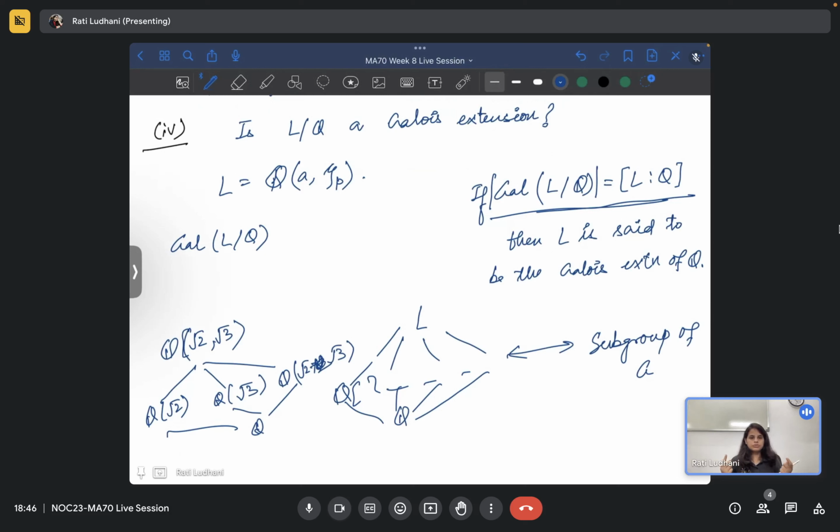From the fundamental theorem of Galois theory, you know that if L is a Galois extension, then every subgroup of G gives an intermediate field, and every intermediate field gives a subgroup of G. So there is a one-to-one correspondence. For each subgroup we have a unique intermediate field. That really relates subgroups and intermediate subfields.